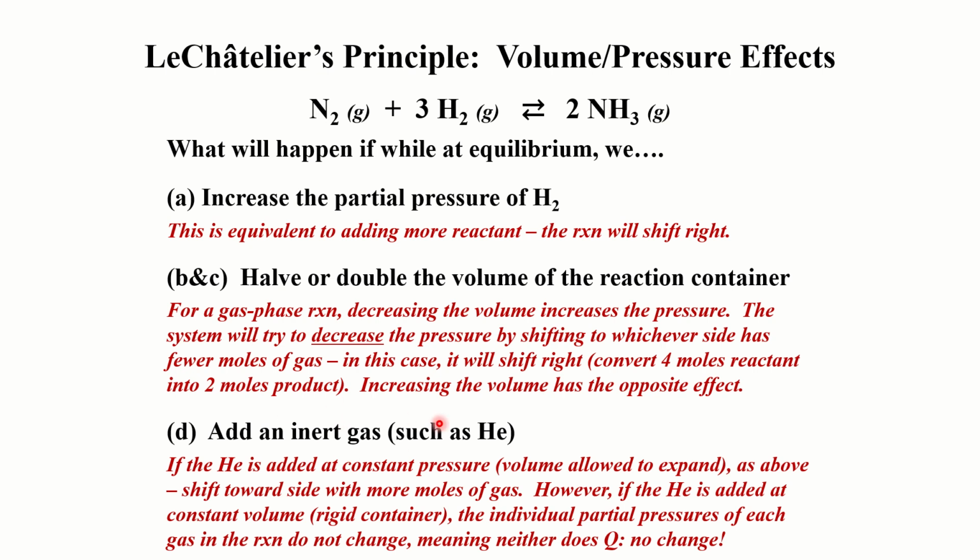So if you were asked something like this, it should be specified in the question whether the gas is being added at constant pressure, meaning the volume expands. And if the volume expands, you would go back to the answer given in letter C. But if that inert gas is being added at a constant volume, a rigid container, the individual partial pressures should not change. So Q doesn't change, meaning we would expect no change. There would be no shift here.